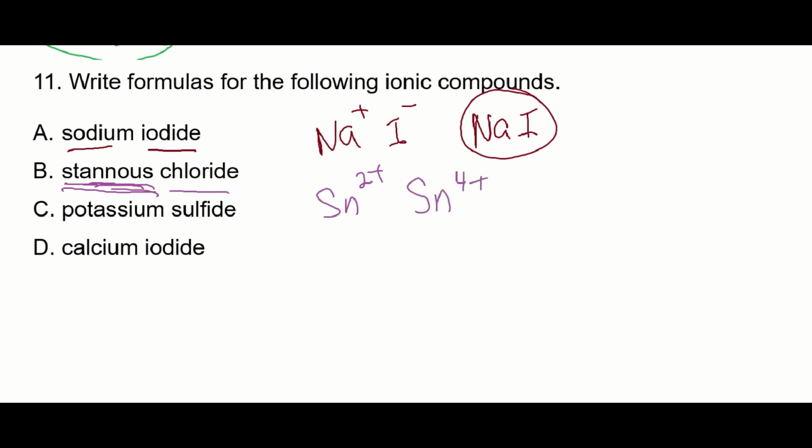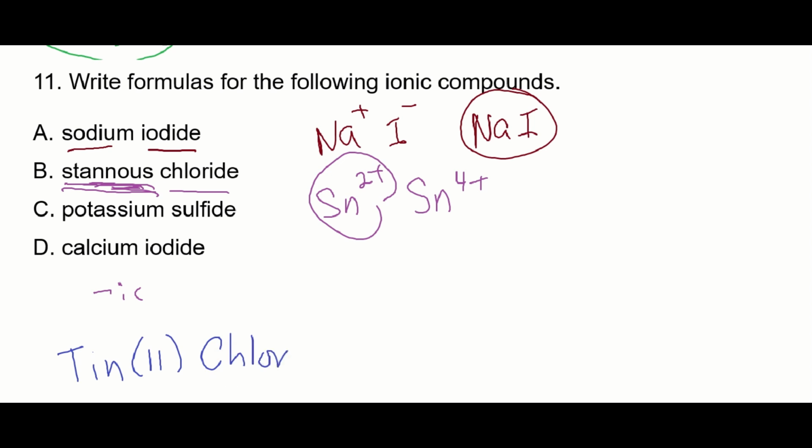And so if it ends in OUS, that refers to the lower charge, and if it ends in IC, then it's the higher of the 2 charges. But you won't need to know that because all the problems on our test will have Roman numerals for you. So let's rewrite this the way you're more likely to see it. This would be written on a test as tin 2 chloride.